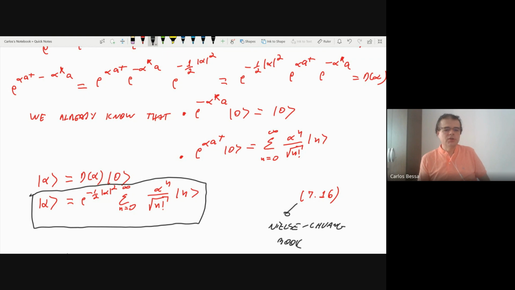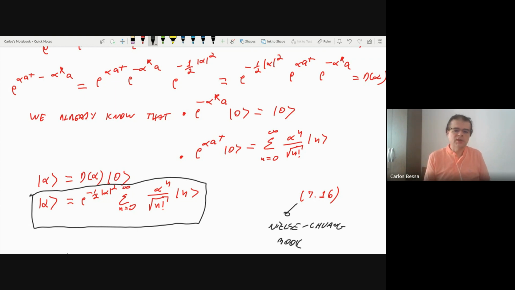We will use this to do computation on another occasion. My idea is I could start from this equation in the next lecture and do the things that Nielsen-Chuang was doing.